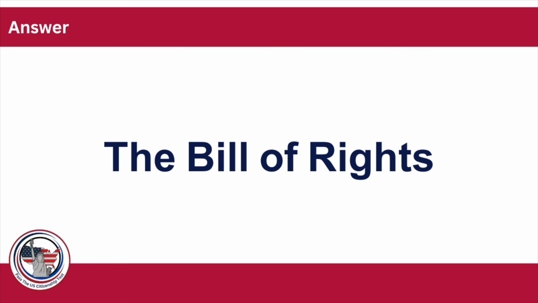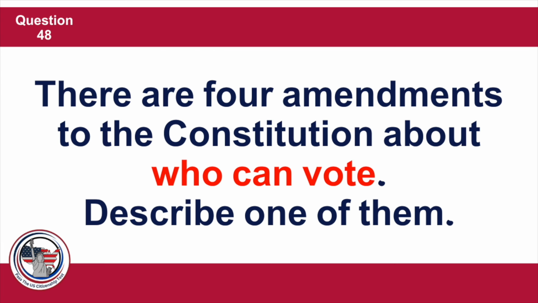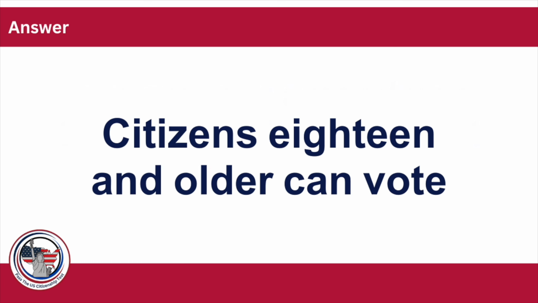The Bill of Rights. There are 4 amendments to the Constitution about who can vote. Describe one of them. Citizens 18 and older can vote.